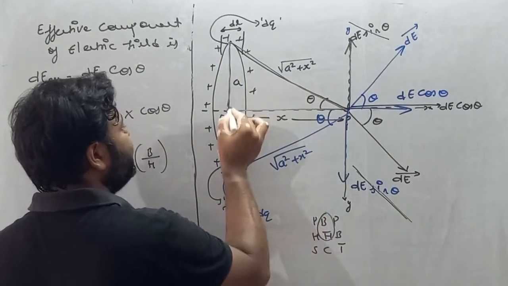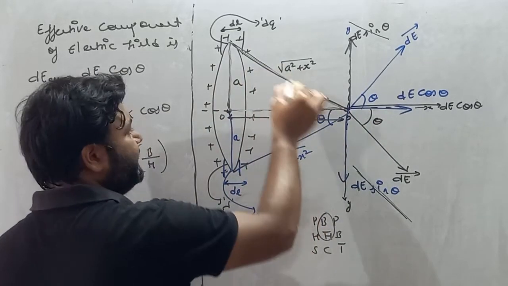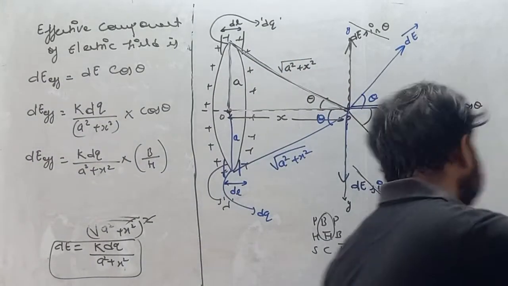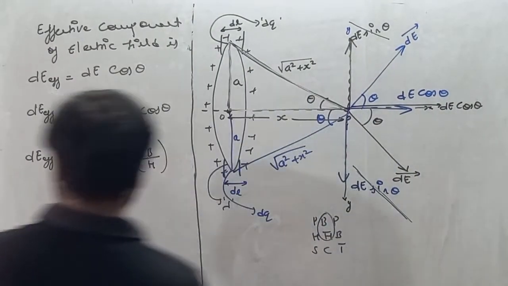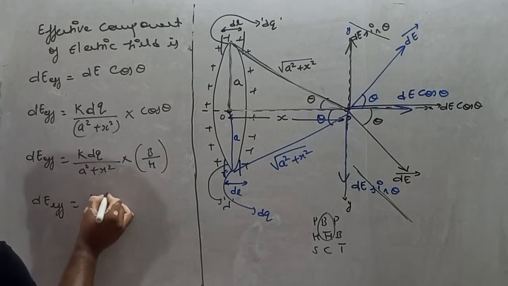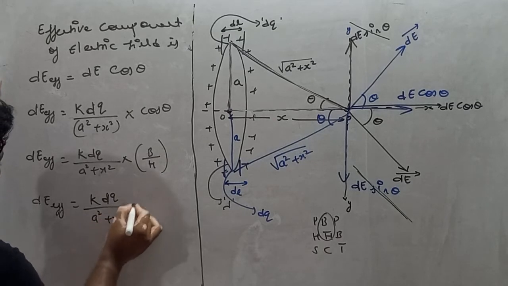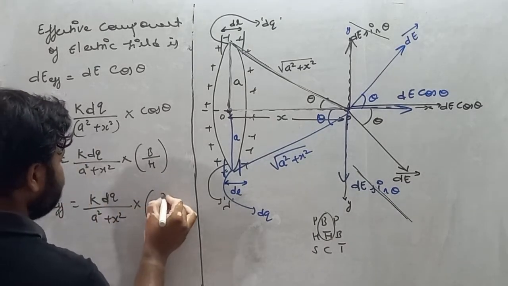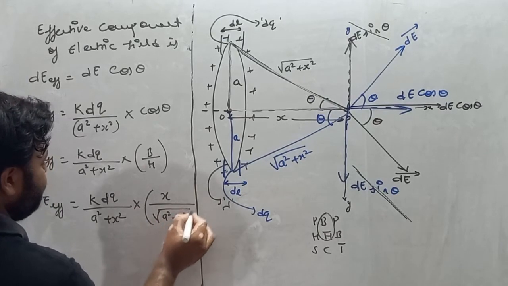If you are seeing here, we have a right angle triangle whose base is x and hypotenuse is under root a square plus x square. So I'll write here what we'll get. We'll get dE effective is equal to k dq by a square plus x square, multiplied by base x and hypotenuse under root a square plus x square.